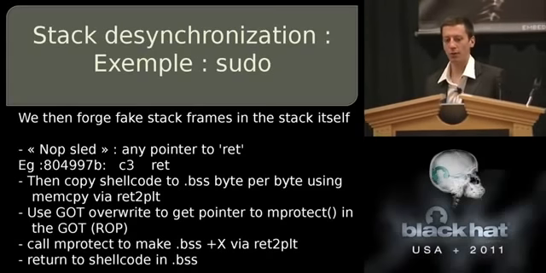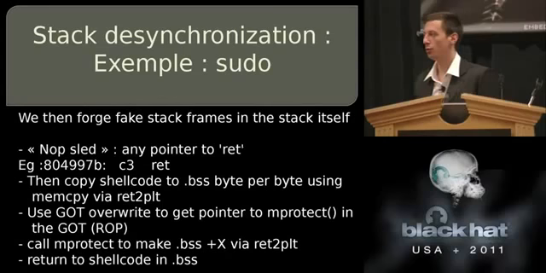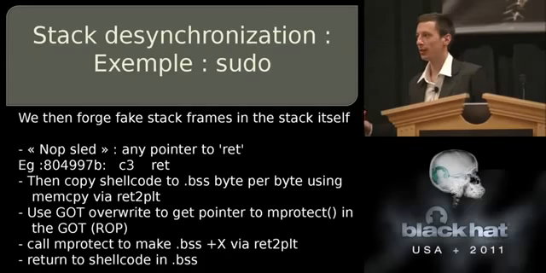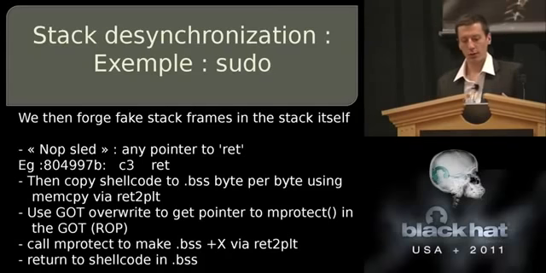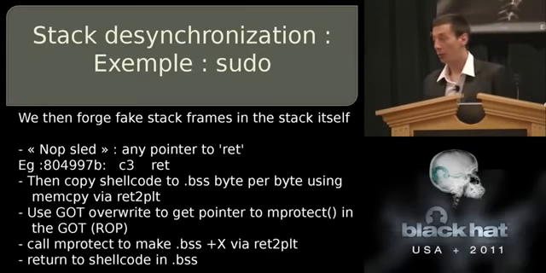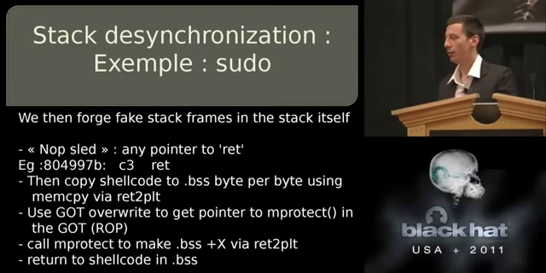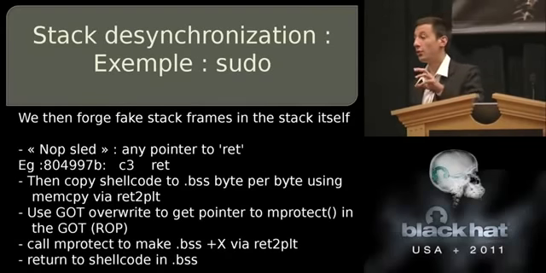Mprotect is not part of the functions that sudo would normally call, so there is no GOT entry for mprotect. So a strategy is to use ROP to read the content of the address of, say, printf inside the GOT.